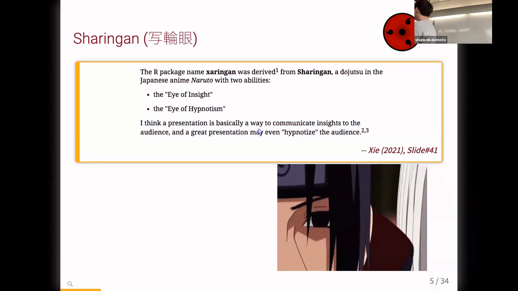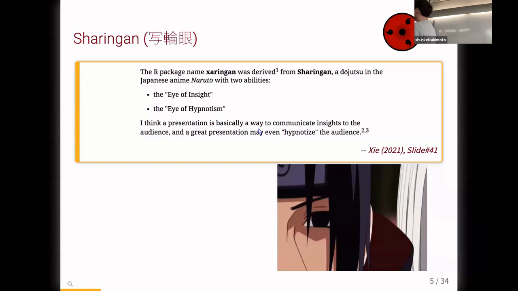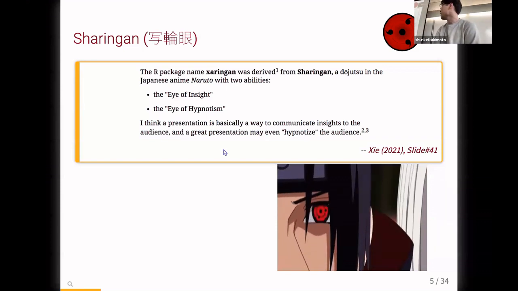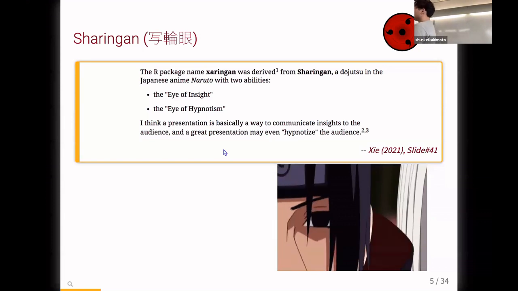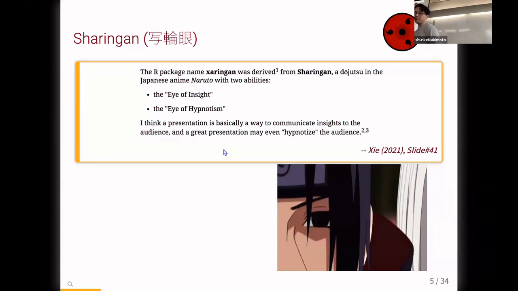So this is a quote from Xie, who is the person who developed this Xaringan package. He said that a presentation is basically a way to communicate insights to the audience, and a great presentation may even hypnotize the audience. So that's actually the whole purpose of this Xaringan presentation style.